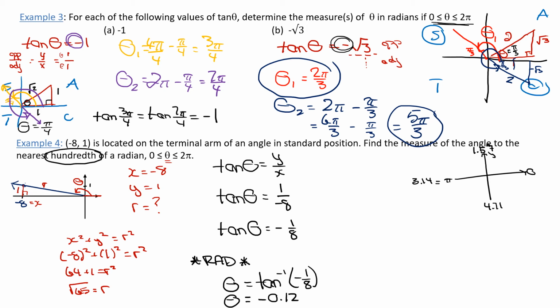So now let's go back to what we got here. Our answer we got is theta equals -0.12. The negative is telling me this is not standard position. My calculator is not giving me the correct rotation. It's not rotating around this way, it's rotating around this way. That's what the negative is telling me.